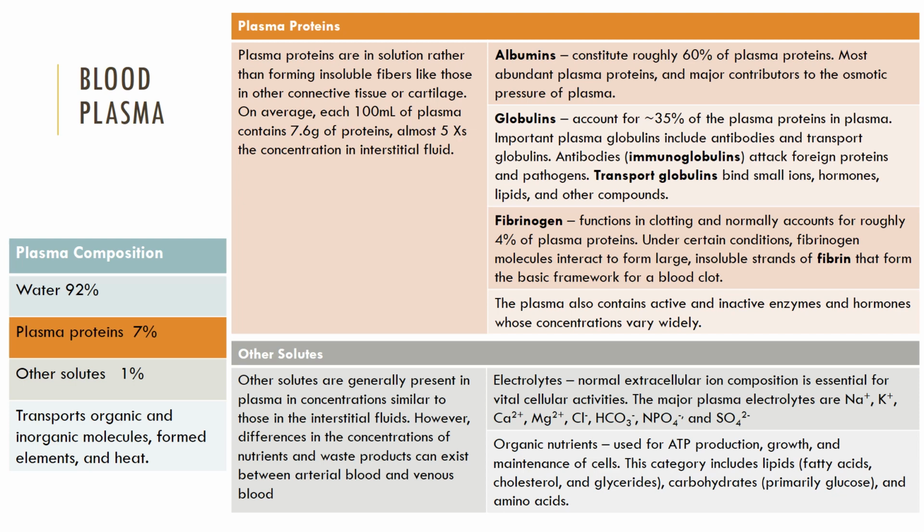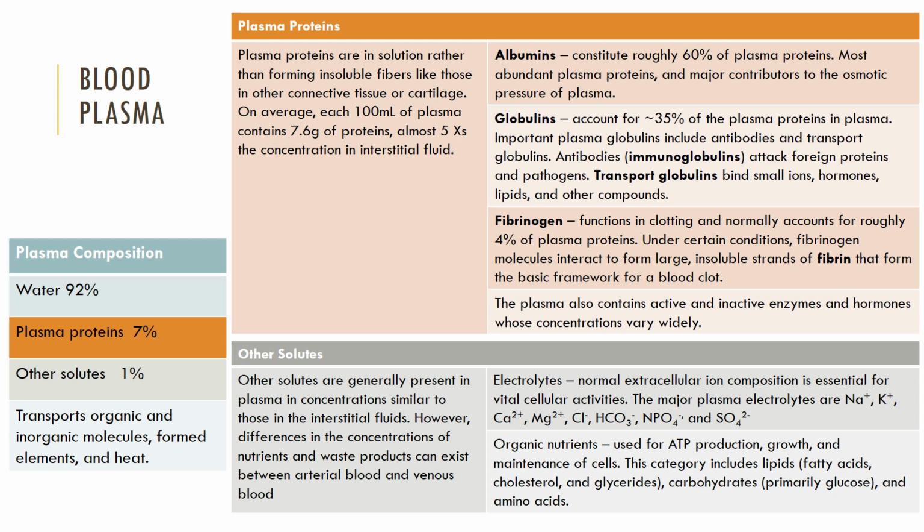And here you can see some of the plasma proteins that are found in our blood. Albumin is the most abundant group of proteins and constitutes around 55 to 60% of all plasma proteins. Albumins also contribute to the osmotic pressure exerted by blood plasma and can serve as binding proteins.